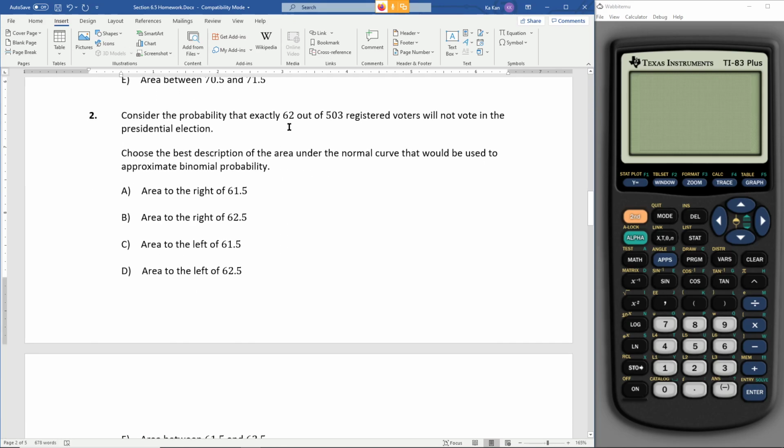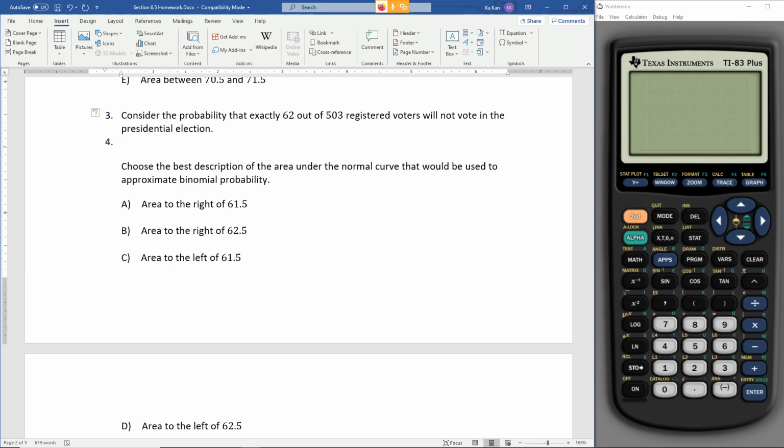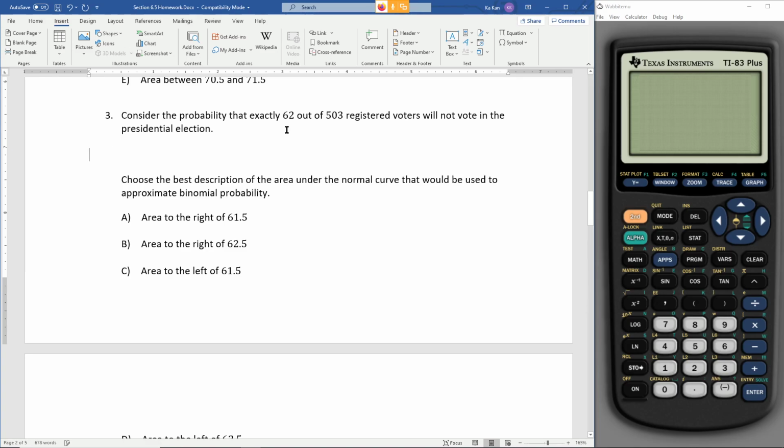Now what about this one? Consider probability that exactly 62 of 503 will not vote. So let's see. So this is the binomial probability of x equals exactly 62. So that's equal to, let's say, normal distribution probability.